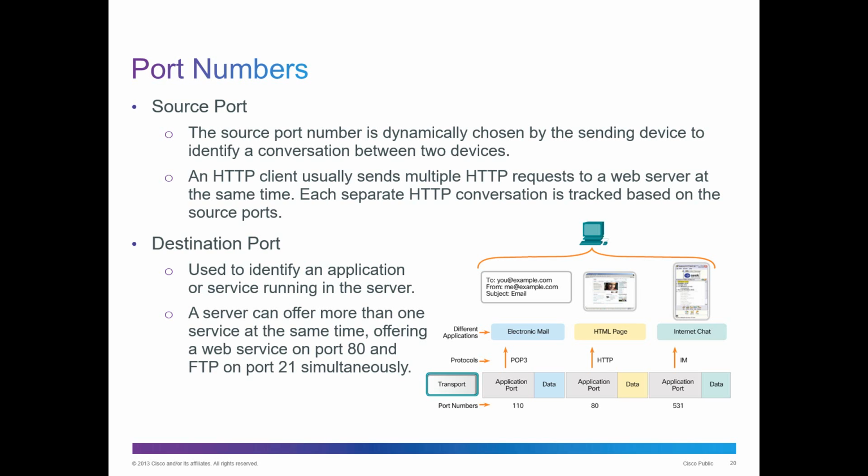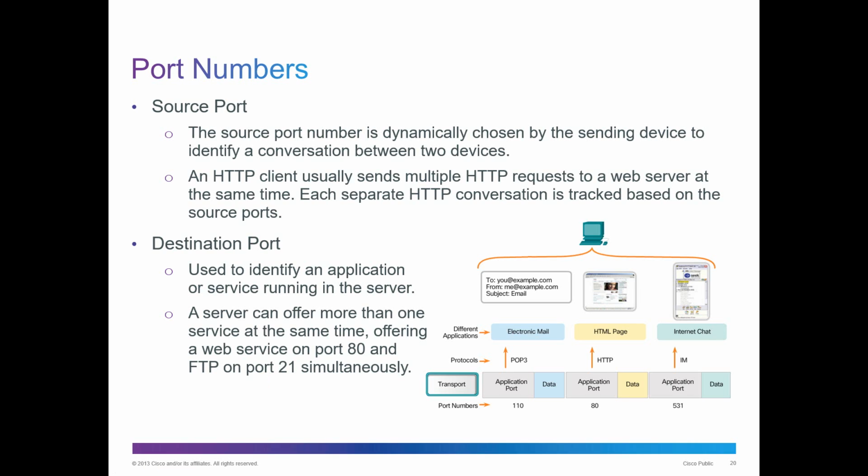Also, if a server performs multiple services, if it does FTP and it also has a web service on port 80, that destination port number is going to tell the server what type of information you are requesting from it, and keep its own traffic separate through using those port numbers. So port numbers are actually pretty important here.